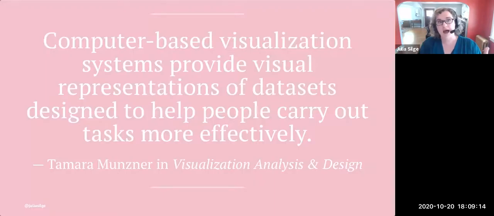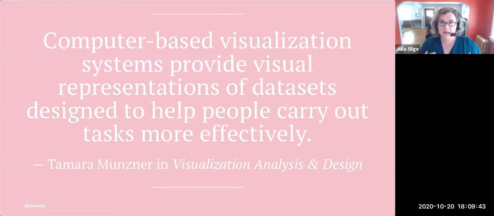Because building models or machine learning systems is this very complicated, involved task. And I want to frame the plots and graphs that we make in this framework, very similar to how Tamara Munzner does here from her really excellent book. So we use code, we use these computer-based systems to represent our data sets for a very specific purpose when we're building models.